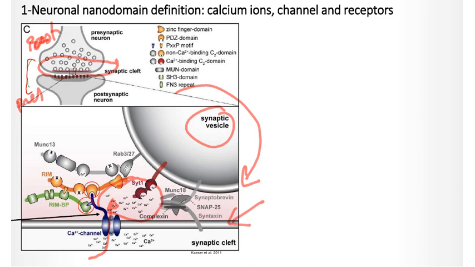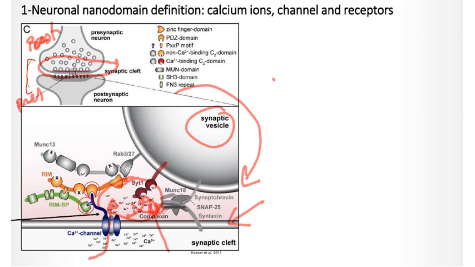The consequence of this is that the calcium can specifically bind to specific binding sites in important molecules such as synaptotagmin, which will influence or trigger the release of the vesicle by interacting with a SNARE complex.